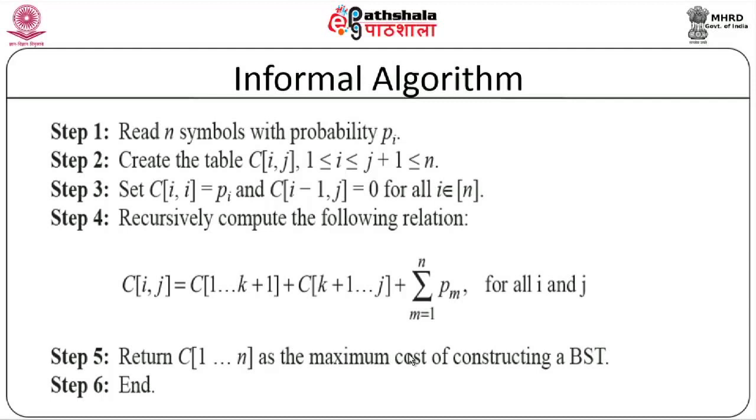Now comes the crucial part, that is establishing the recursive definition of this particular problem. The recursive definition is very simple. As I said earlier, we are going to consider a k, and using that we divide the problem into two subproblems. So, the cost of computing that is going to be the cost of C of 1 to k minus 1, plus C of k plus 1 to j, plus the sum of p of m.